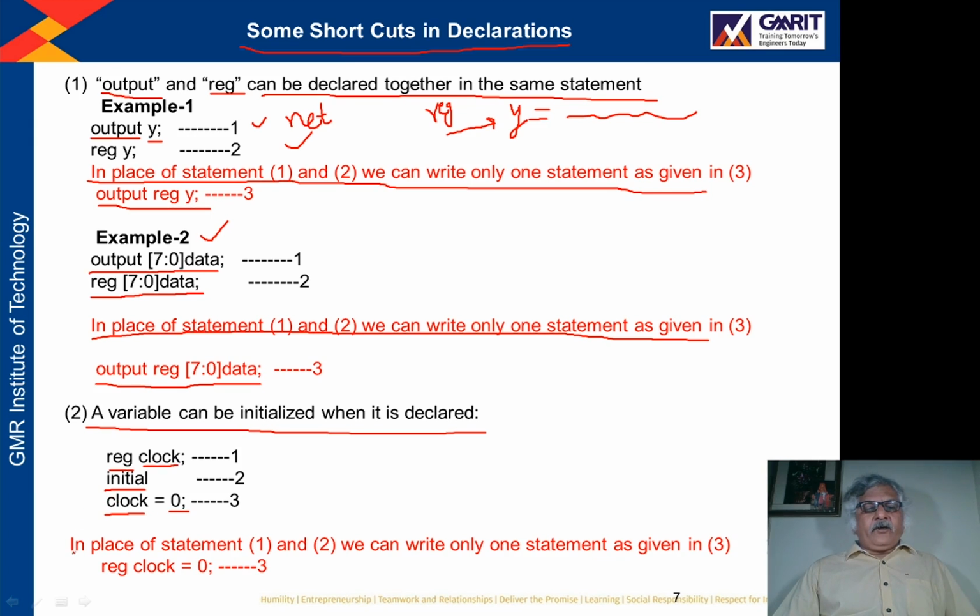So now in place of statements 1 and 3, we can write only one statement, reg clock is equal to 0. Here we are declaring clock as a reg type, and in the same statement we are initializing its value to 0. So this can be done, right?